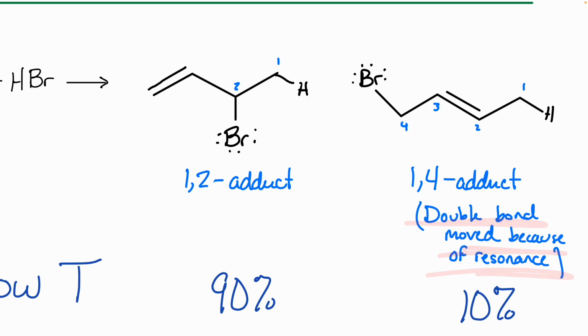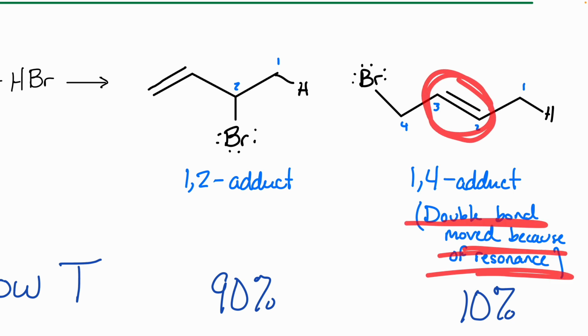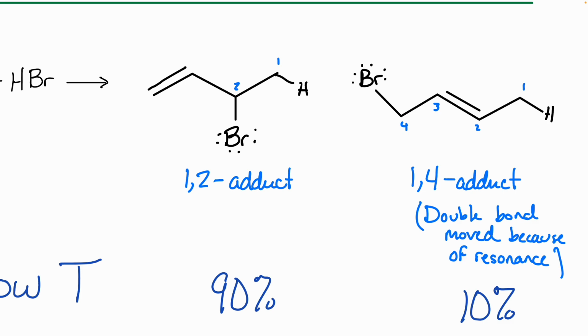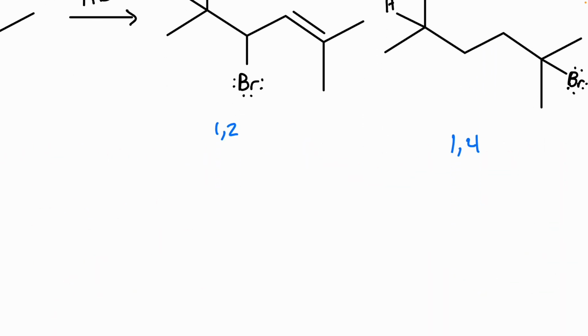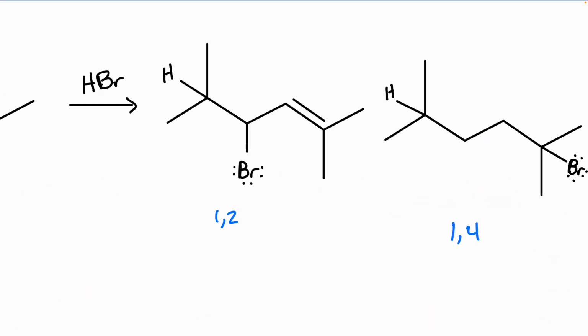So our double bond has now moved to be between carbons 2 and 3. So my 1,2 adduct, I put a hydrogen on carbon 1, bromine on carbon 2. My 1,4 adduct, I put my hydrogen on carbon 1, my bromine on carbon 4, and I move that double bond to be between carbons 2 and 3.